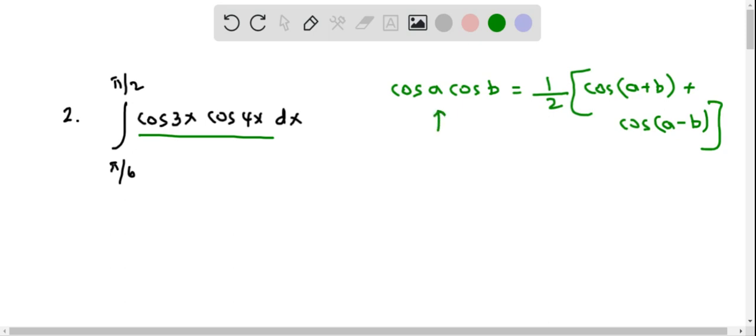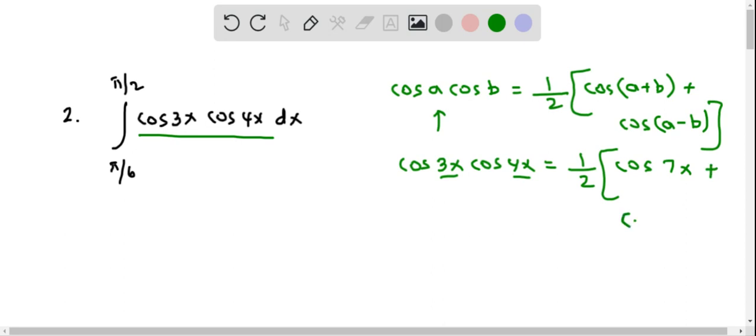So I'm going to replace A by 3x, so this becomes cosine 3x, and B by 4x, so it becomes cosine 4x. And this equals half of cosine A plus B. This one is A and this one is B. So 3x plus 4x equals 7x, plus we then have cosine of 3x minus 4x, which is negative x.